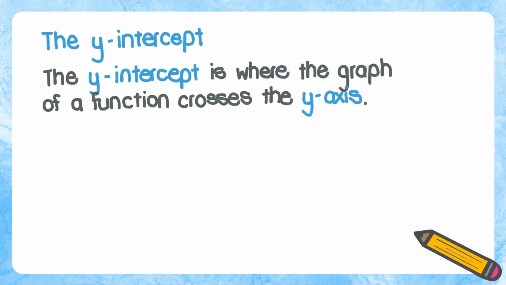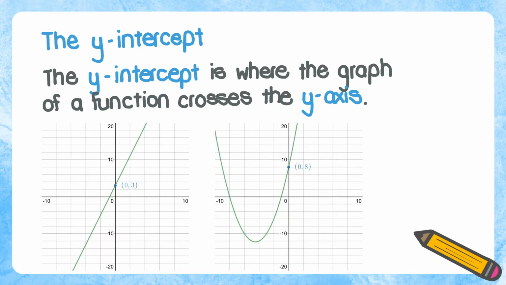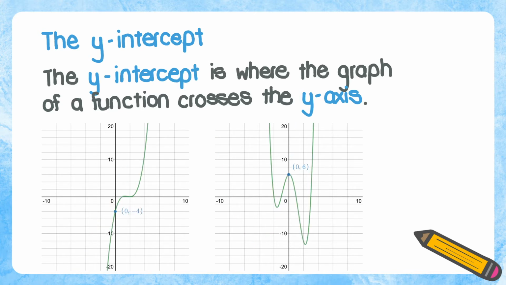The y-intercept, which you're probably more familiar with, is where the graph of a function crosses the y-axis. So here are some random graphs, and take a look at the y-intercepts. What do you notice about the y-intercepts?